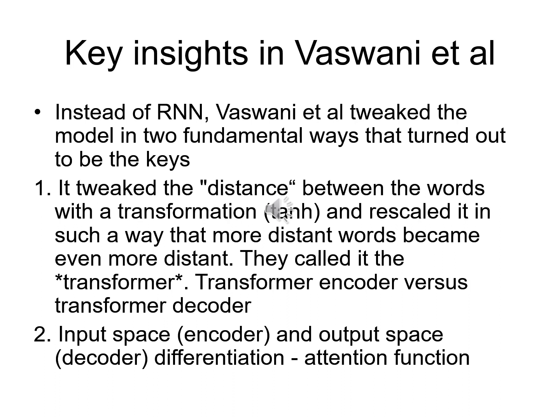And the second insight of the Vaswani paper is the differentiation between the decoder part and the encoder part, and the attention function that applies to the encoder part is very different from the function that applies to the decoder part. I'll explain that in a second.